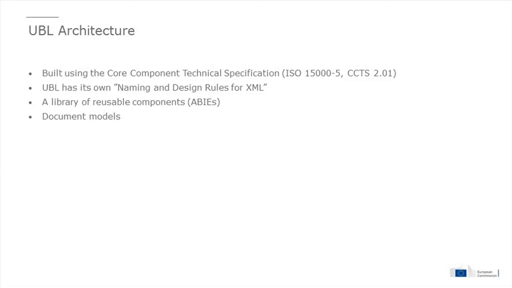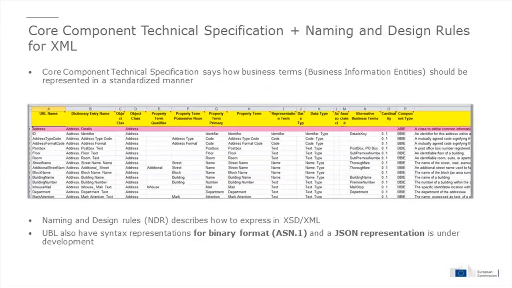For example, if it's readable on your screens, this is just an example of a spreadsheet where you can see the semantic level of a library, where we have the address component with all its subcomponents such as street name and post box, city, and so on.